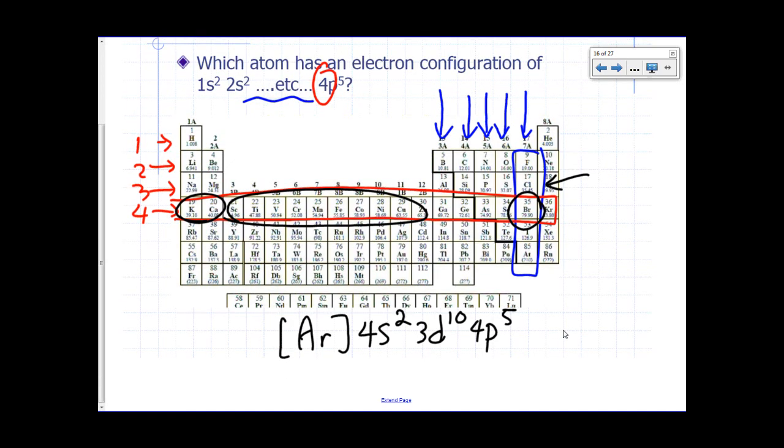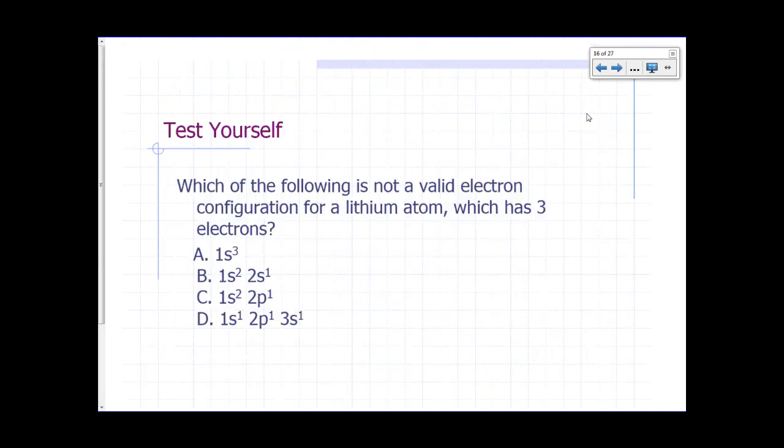Argon core has 18 electrons, plus 2 electrons in the 4s, plus 10 electrons in the 3d, plus 5 electrons in the 4p. That's 20, 30 plus 5, that's 35 electrons. Bromine has an atomic number of 35, has 35 electrons in a neutral atom.